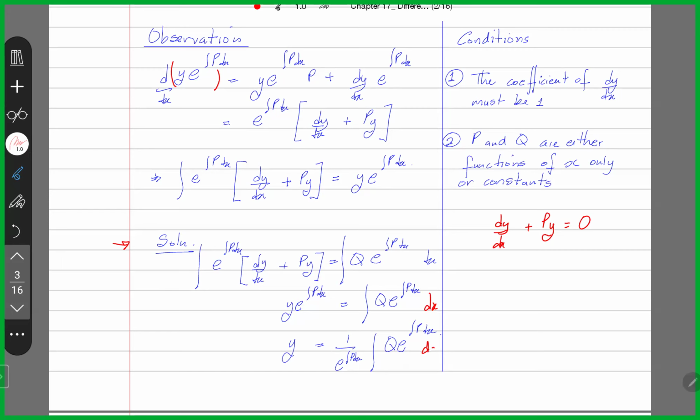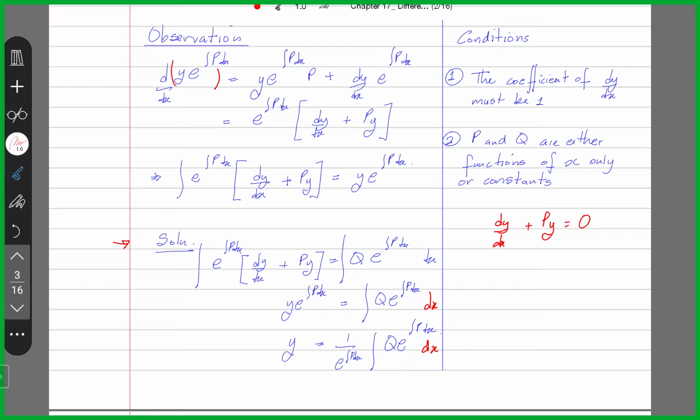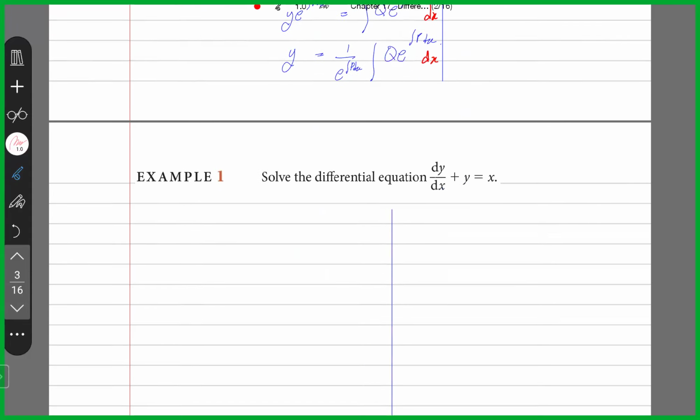If you divide both sides by e to the integral of p dx, you would come up with the solution of your differential equation. So that is the theory behind the solution. Let us see if we can give you an example of this in action.